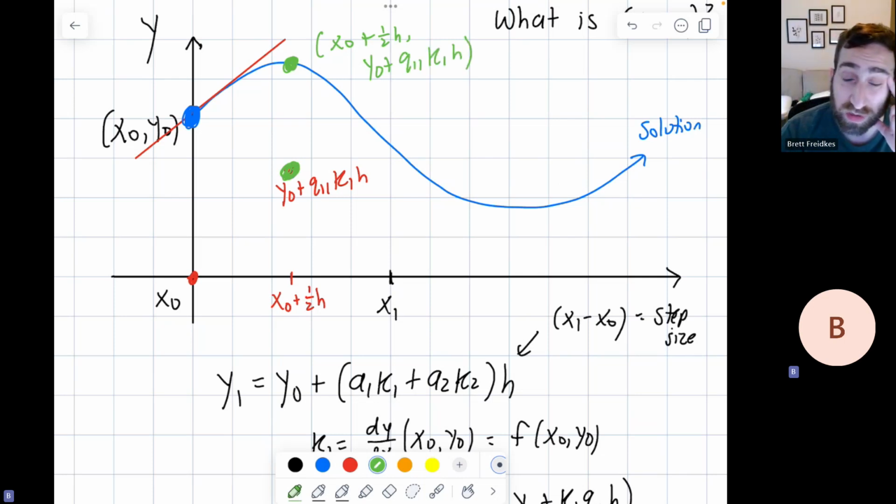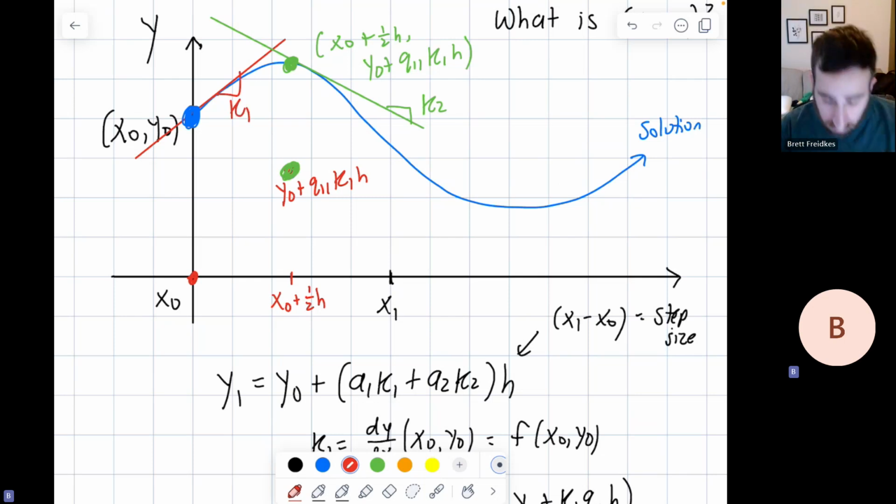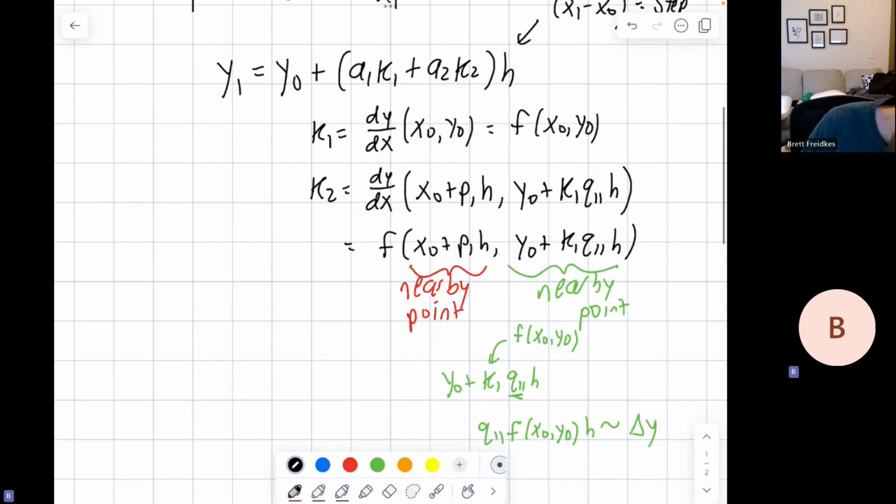This is the point on our differential equation that we don't know, but we do know what dy dx is from the differential equation itself. This will be the slope at that location. So that is k2, whatever it may end up being. This red guy was k1. So I have two slopes.